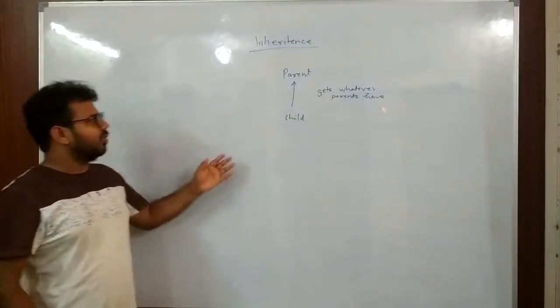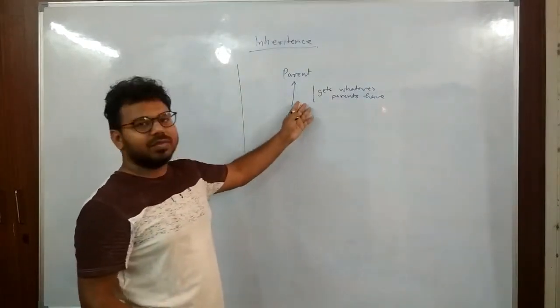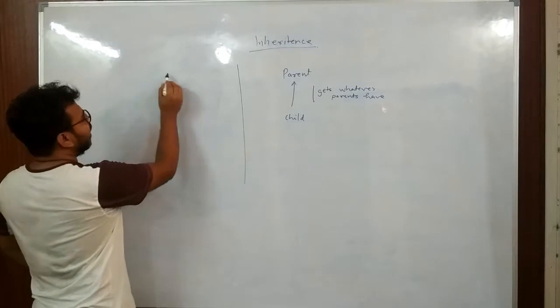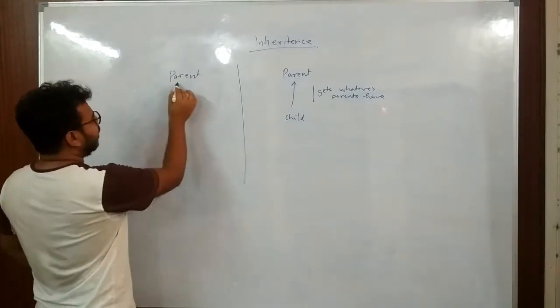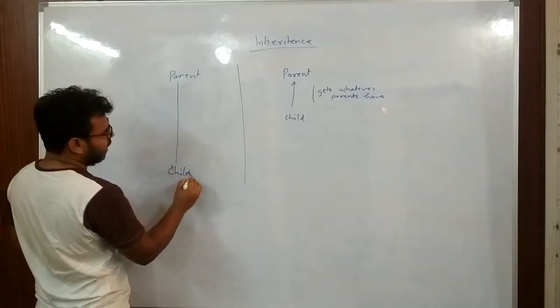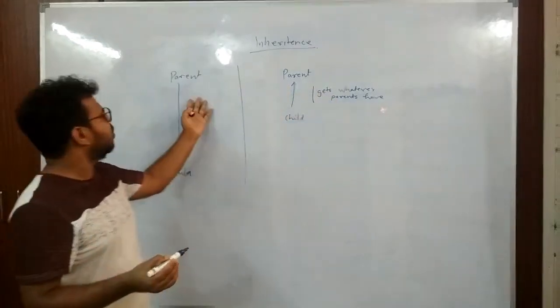Okay. So the same thing in the concept of Java. Suppose we have a parent class, and here we have a child class. So this child gets whatever the parent has. In a class, what does a parent have?